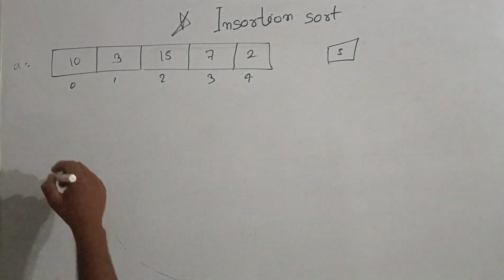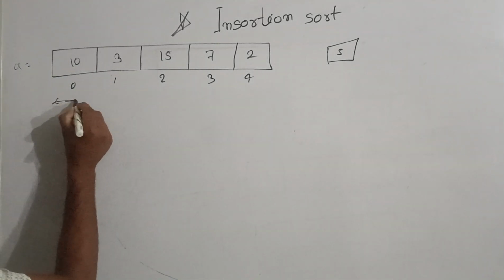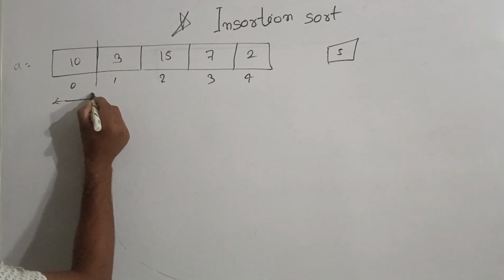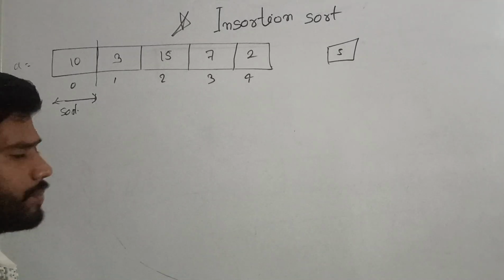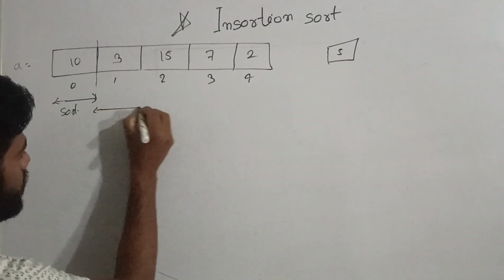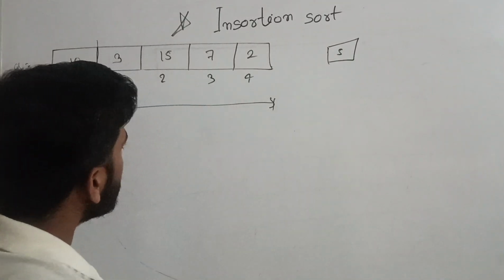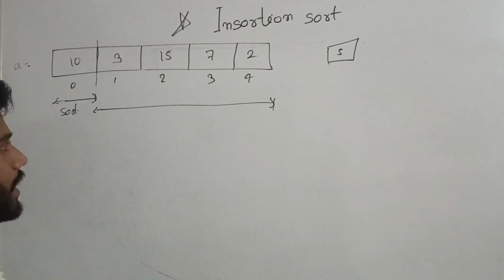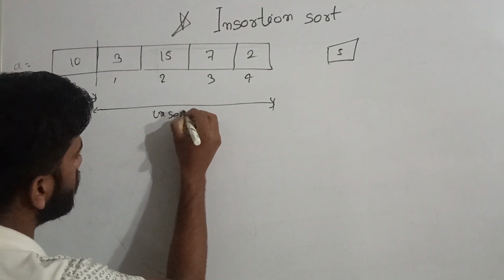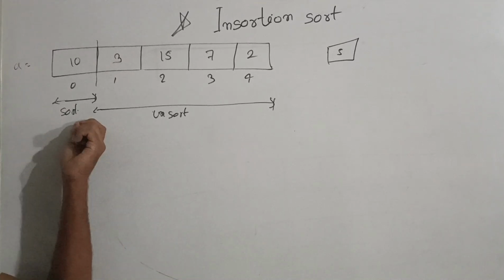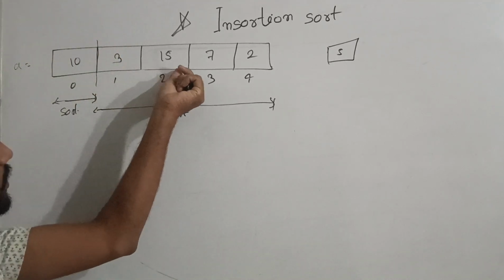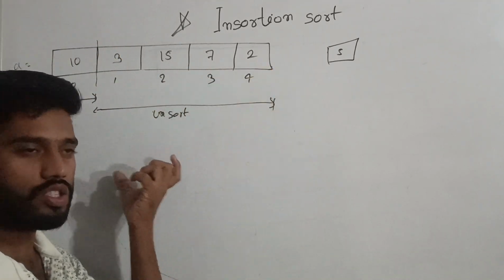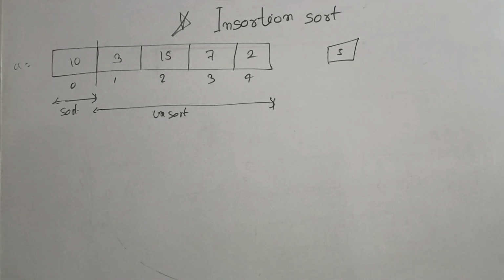So let's consider this one element as the sorted array, and consider all the other elements as the unsorted array. 10 is the only element, so 10 is the sorted array, and 3, 15, 7 and 2 are the unsorted array.